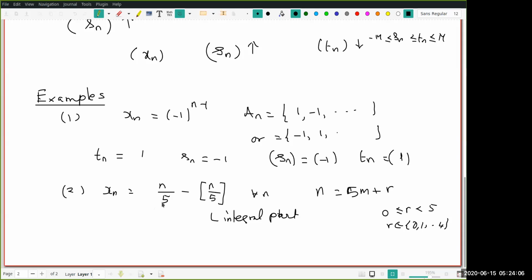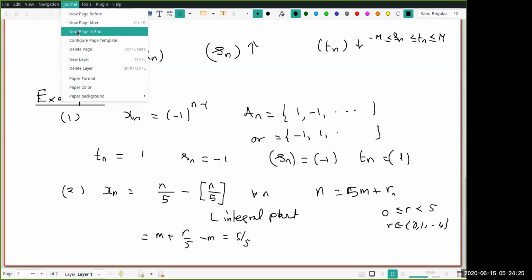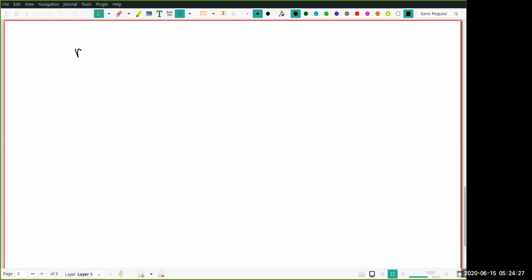So this will be m plus r/5, but minus m, therefore this will be r/5. Let us call it R_n. You understand this? Therefore, R_n for any n takes values 0, 1/5, and so on up to 4/5.